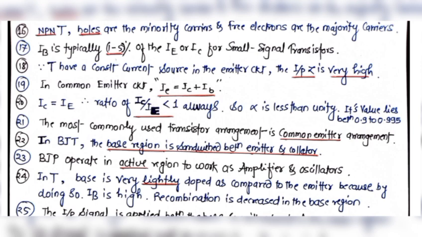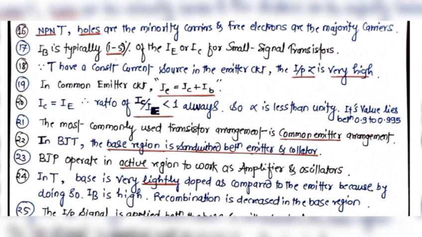The most commonly used transistor arrangement is common emitter arrangement. In BJT, base region is sandwiched between emitter and collector. BJT operates in active region to work as amplifier and oscillators.